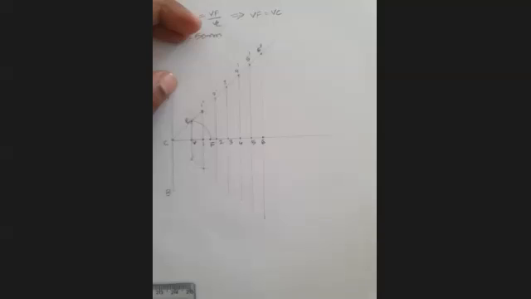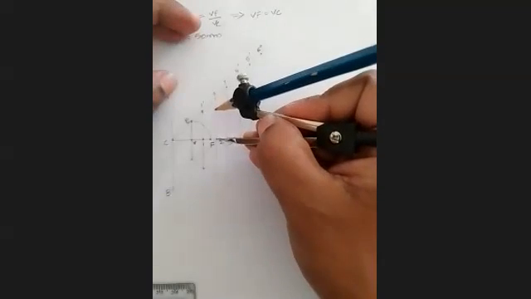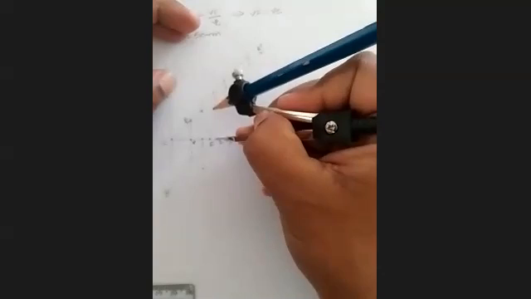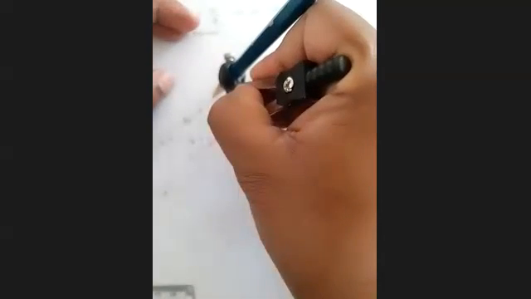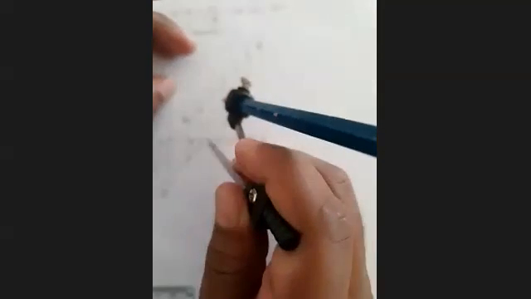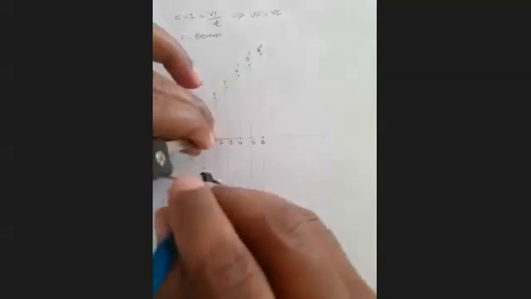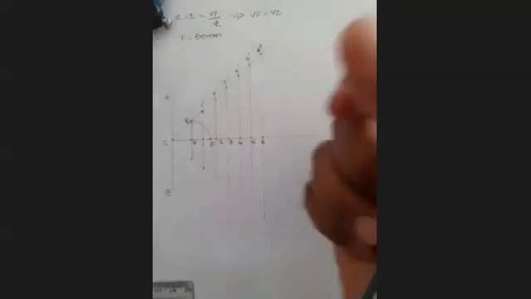Next, in the same way, go to second division. Take 2 to 2 dash as radius, F as center. Cut the arc above and below. Wherever it cuts, you mark the point.